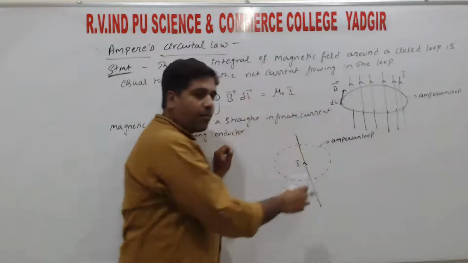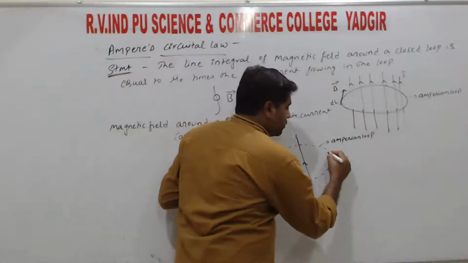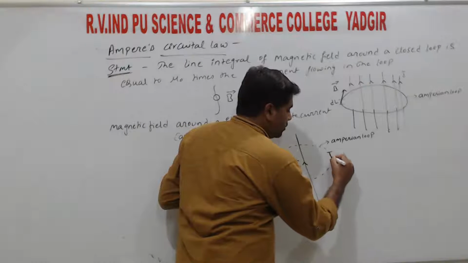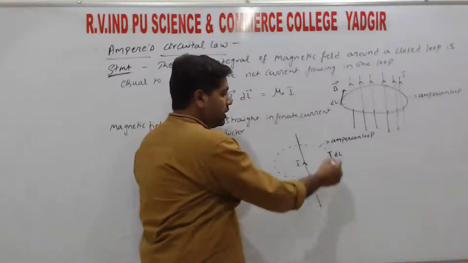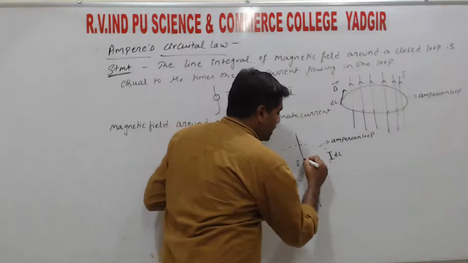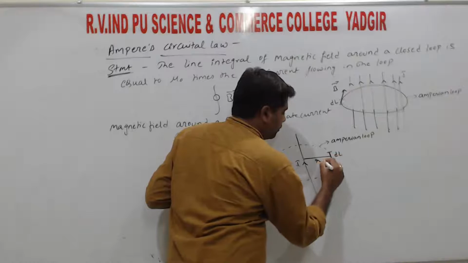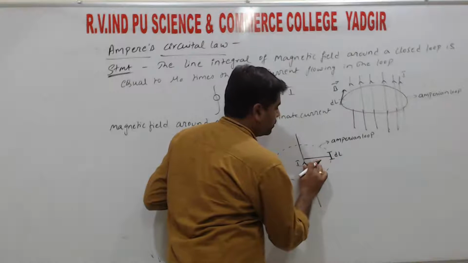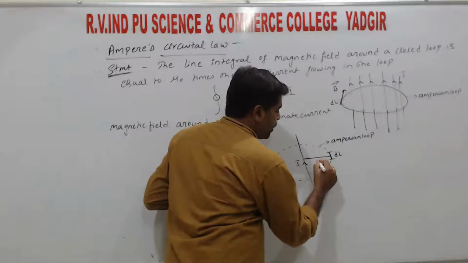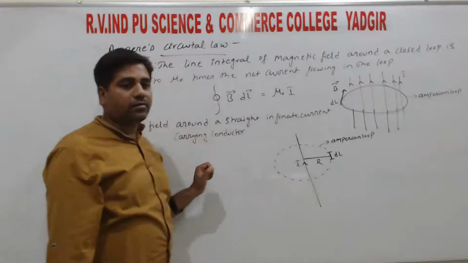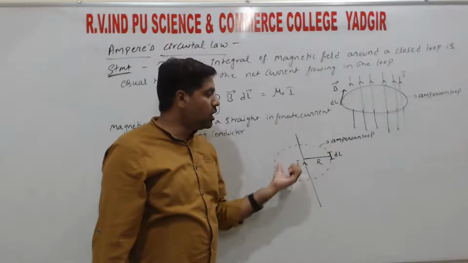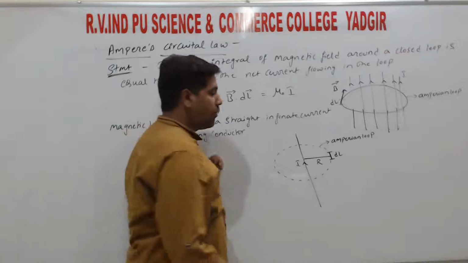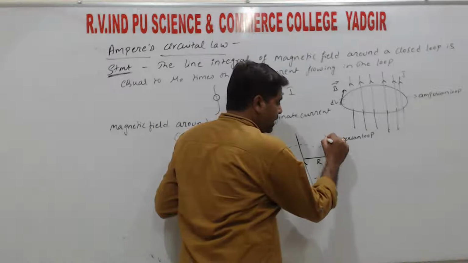So on this Amperian loop we can consider one small element, that is dl, right? So this Amperian loop has a radius R, where R is the radius of the Amperian loop and dl is the small element over the Amperian loop, and the magnetic field is always acting tangential.